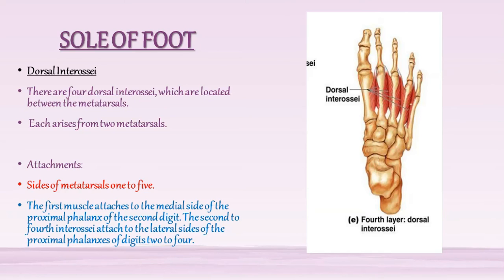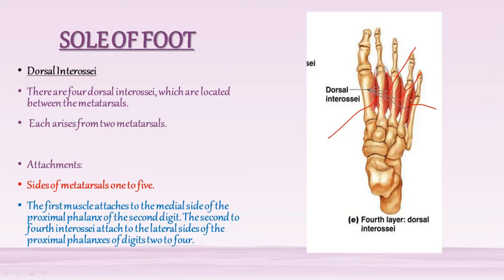So there are four dorsal interossei muscles. 1, 2, 3, 4. These four dorsal interossei are located between the metatarsals but each arises from two metatarsals. They arise from the sides of metatarsals 1 to 5.